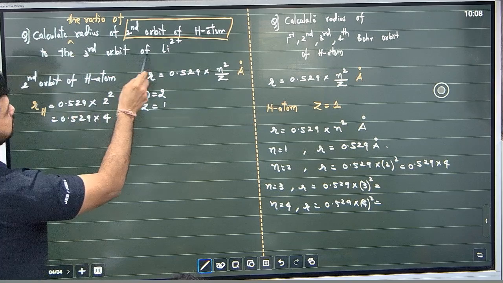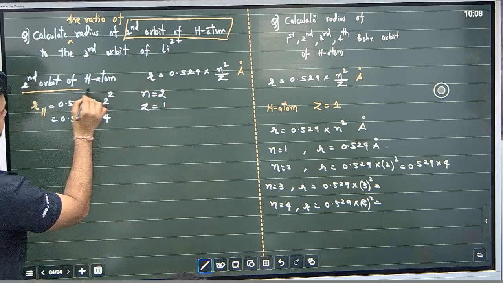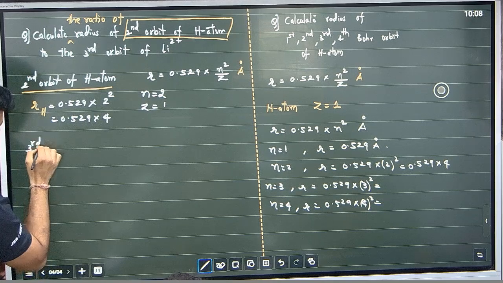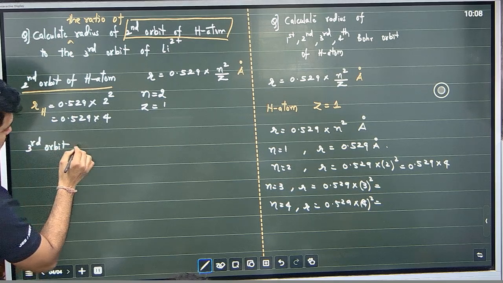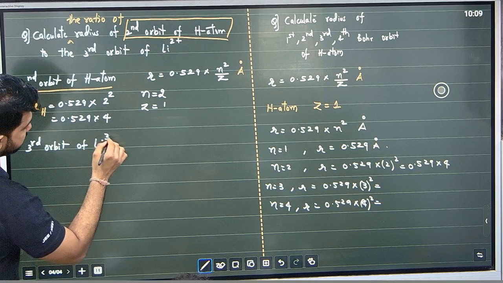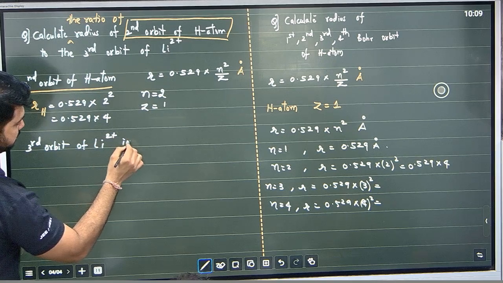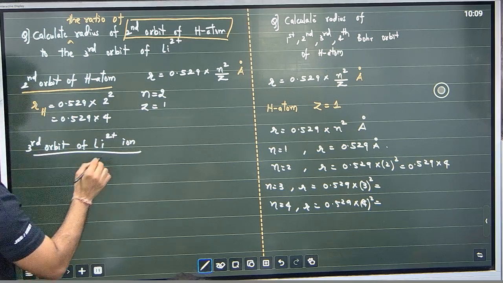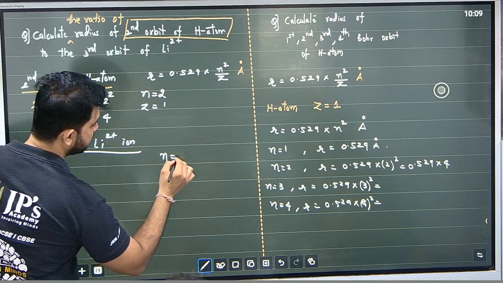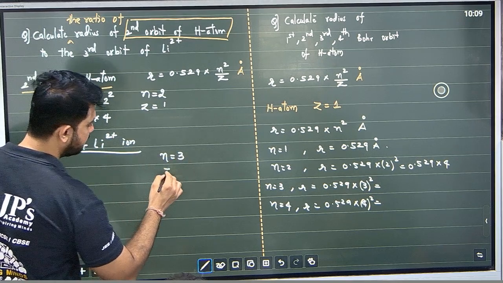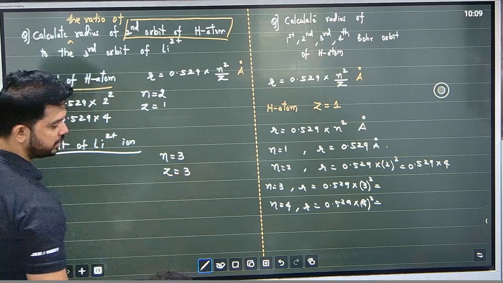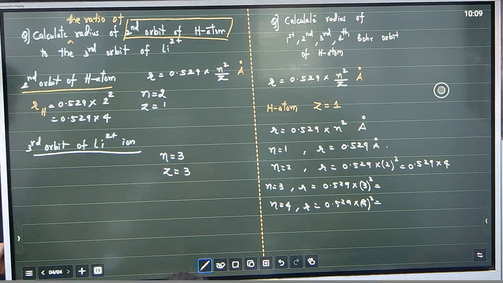Radius of the third orbit of lithium ion. So what is the value of n over there? 3. But what is z? Z is also 3 because it is lithium.